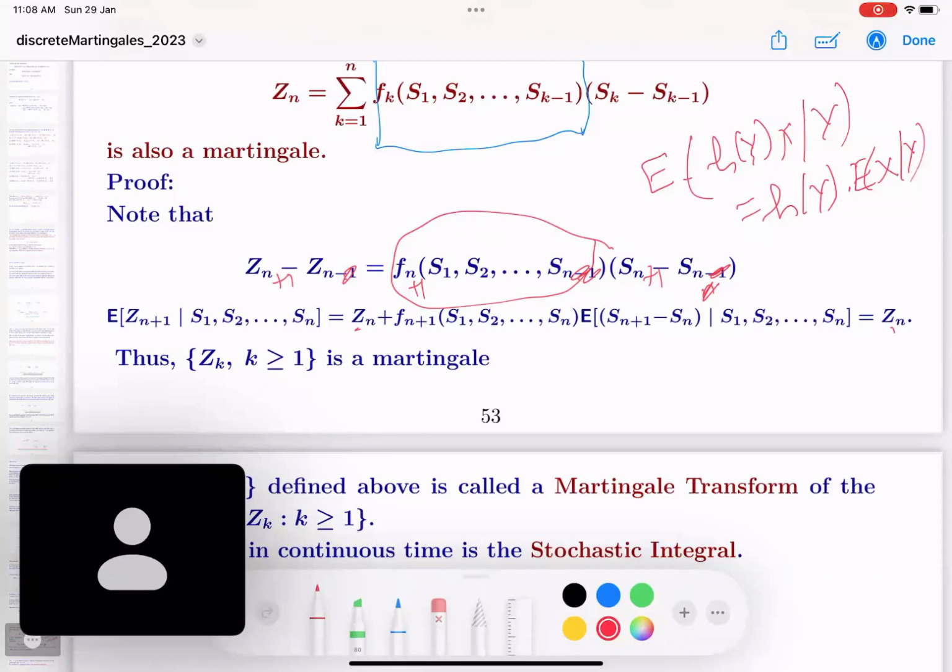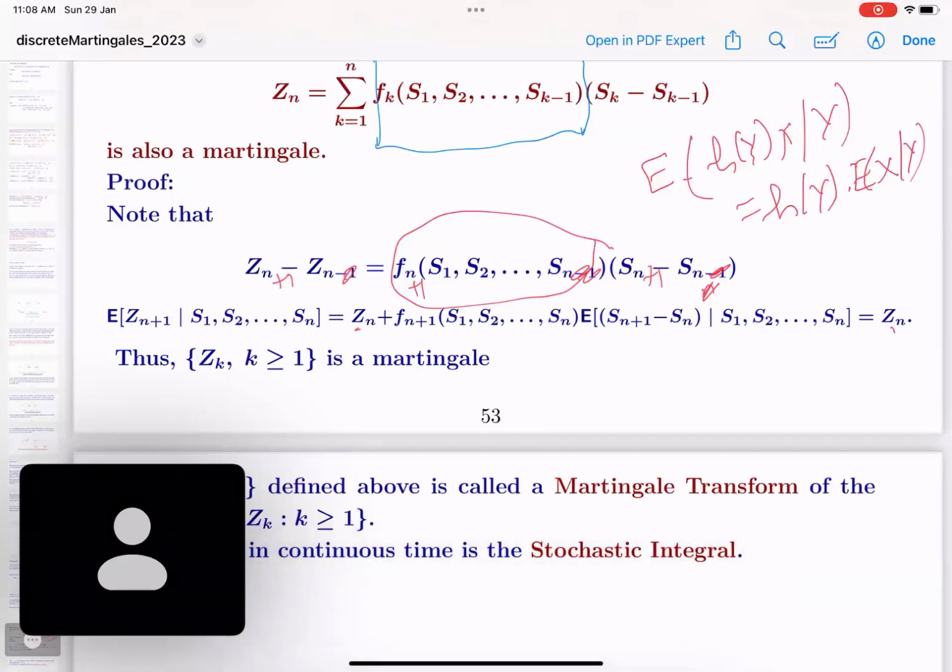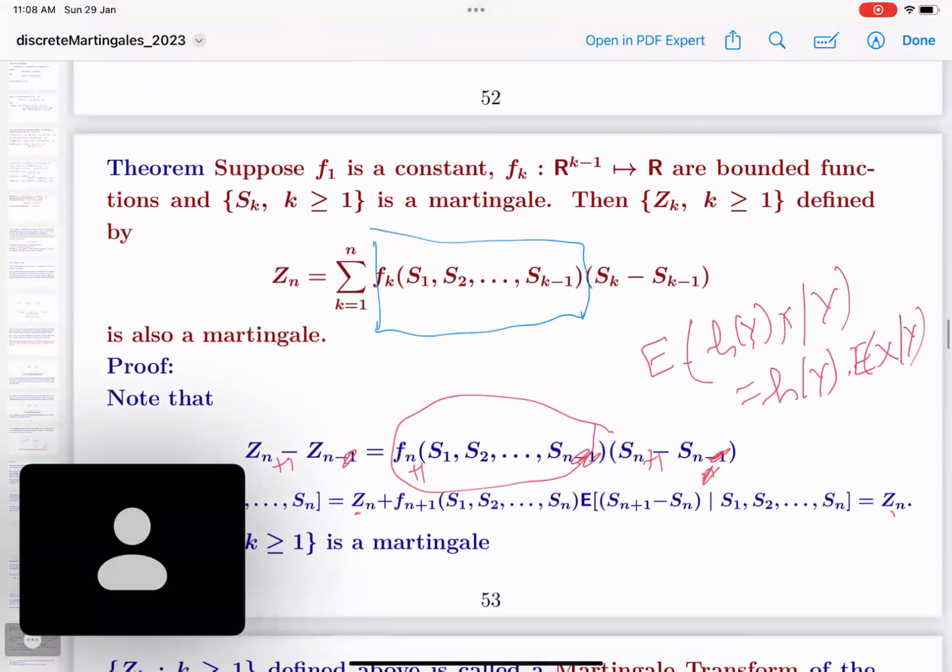If you try to write out these steps involving summations and functions of the observables, you can easily write it out. So this transformation: you had the martingale Sk, and you have transformed it by multiplying by some constants in such a way that these constants are predictable, and you get Zn.